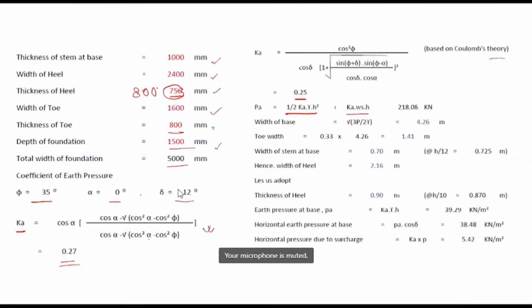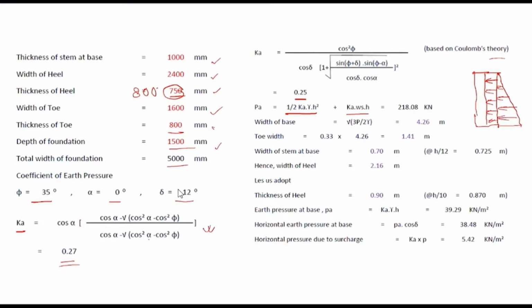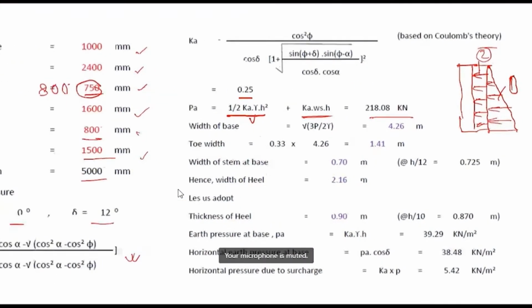If this is the retaining wall, due to surcharge there will be uniform pressure, and due to active earth pressure the pressure distribution will be triangular. This is for this distribution and this is for surcharge too. So the total PA is equal to this, and from this we have calculated this PA.